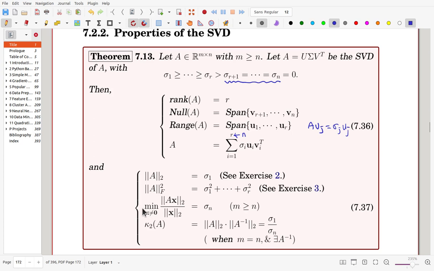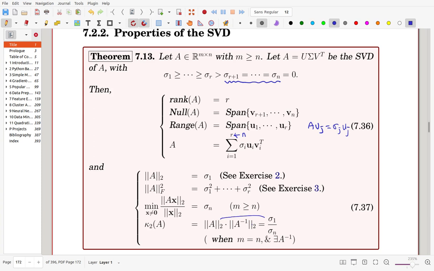But now, if you try to measure the minimum of this quotient, then that is the smallest singular value. And if A is a square matrix of size n, and the inverse of A exists, then the condition number of A can be defined in this way: the 2 norm of A times the 2 norm of A inverse. The 2 norm of A is sigma 1.